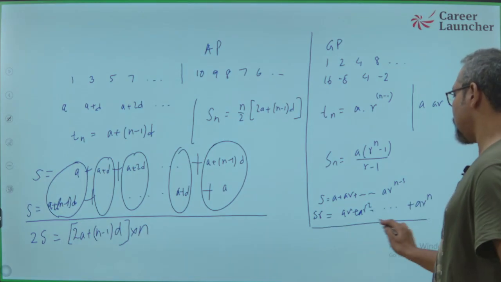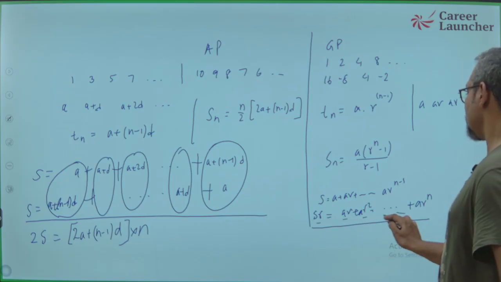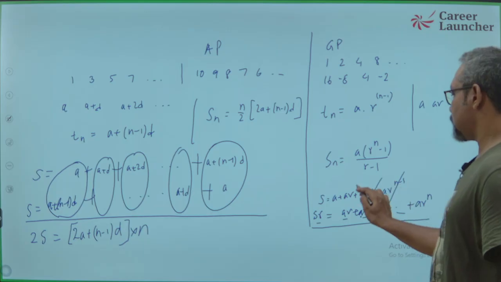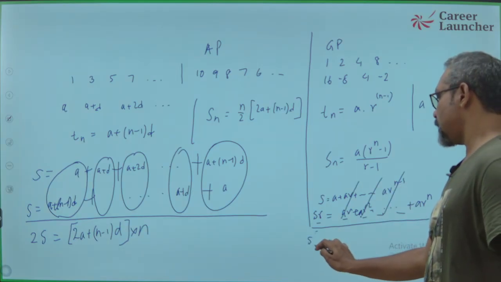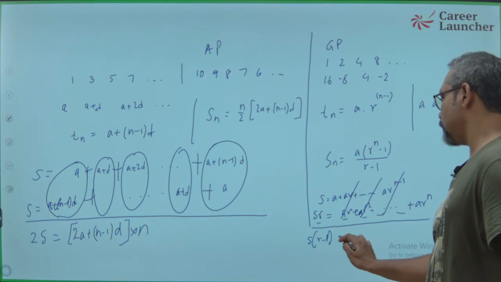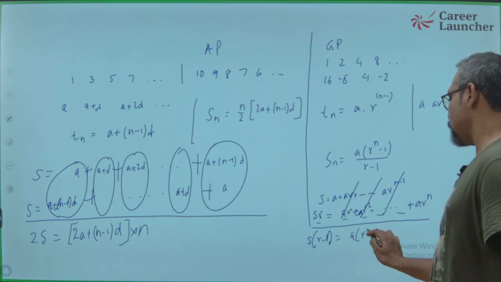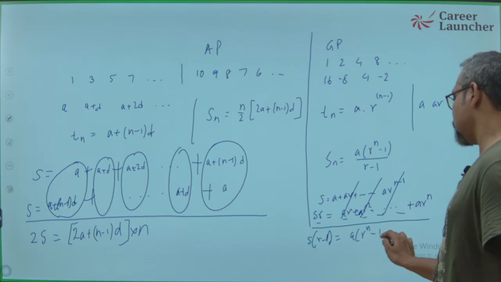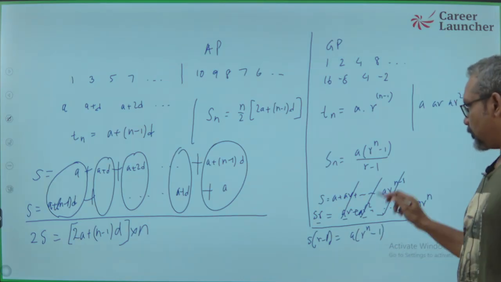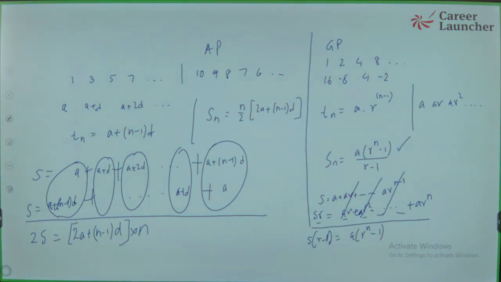And subtract. All of these will cancel. So S times (R minus 1) will be AR to the power n minus A. Now you divide, we will get this. So we have the GP series sum.